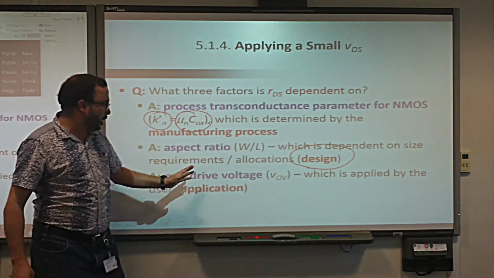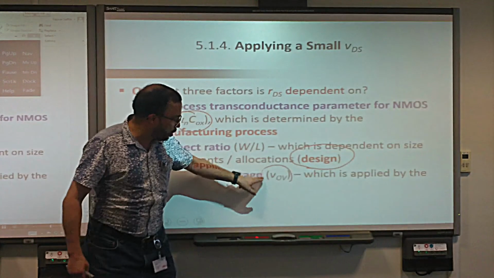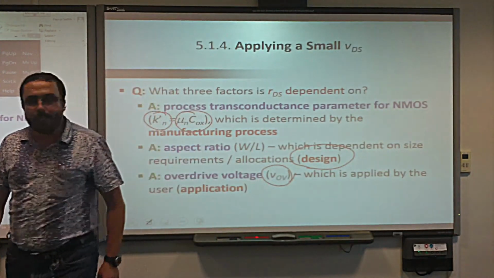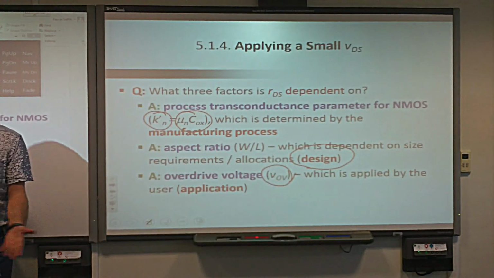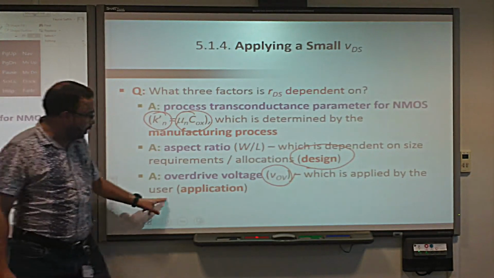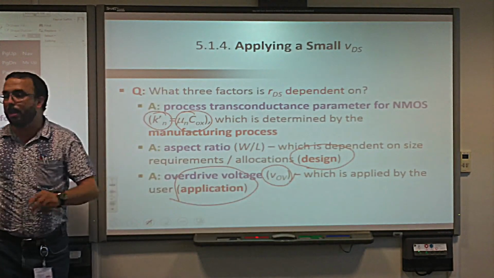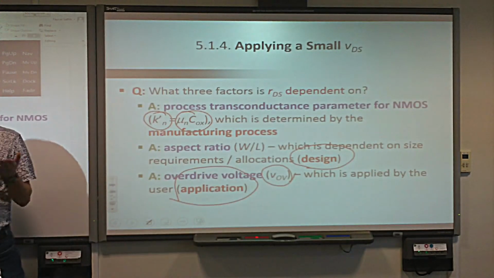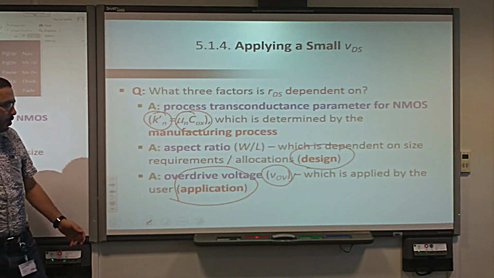Now, the last parameter, which is the overdrive, is a voltage dependent on the circuit where you put this MOSFET. That's why we call it an application parameter or circuit parameter. It depends on the circuit how much voltage you put there.